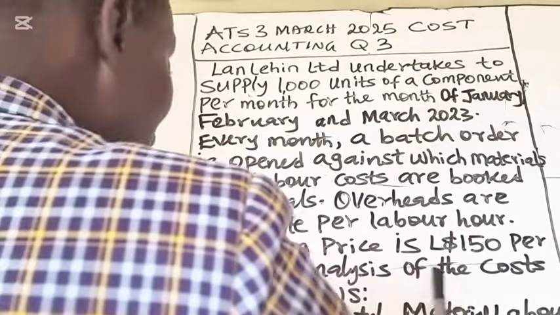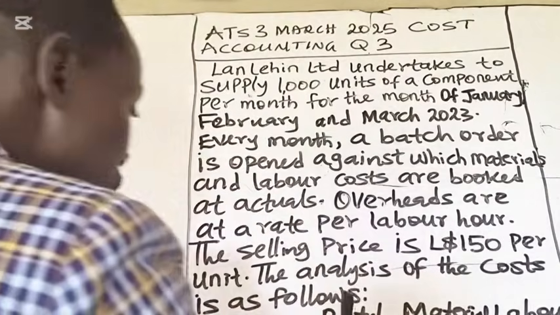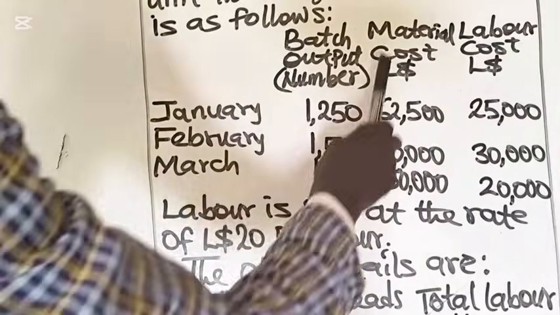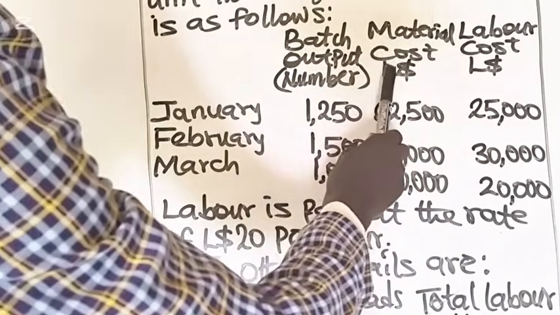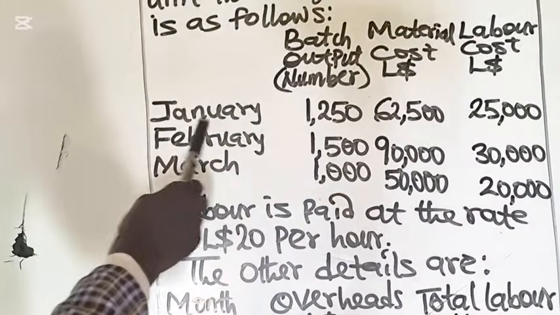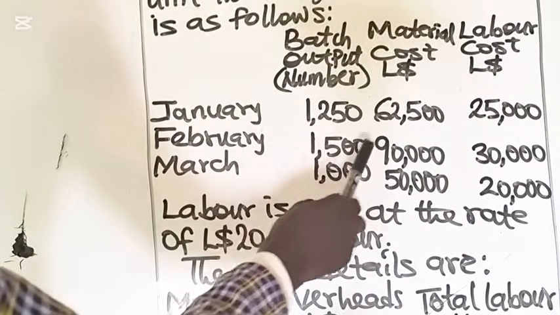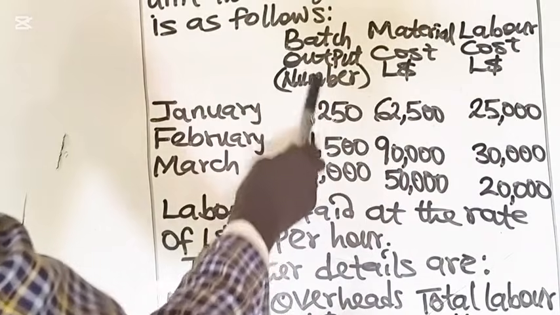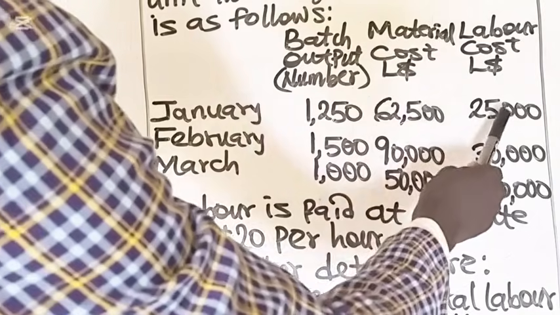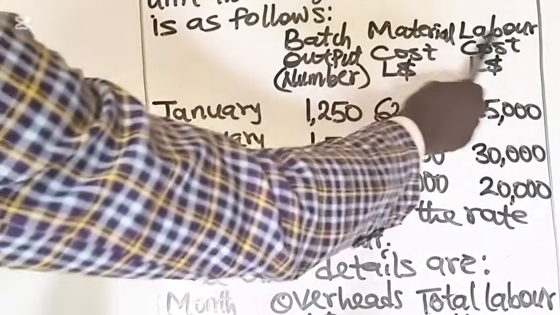The analysis of the cost is as follows. Batch output number, material cost in Liberian dollar, labor cost in Liberian dollar. January, 1,250 batch output, 62,500 Liberian dollar and 25,000 Liberian dollar for materials and labor.